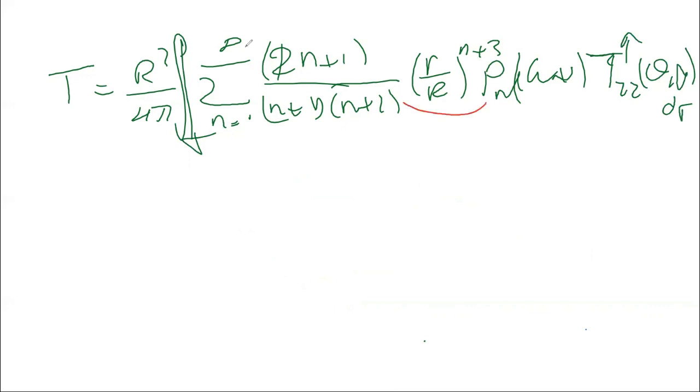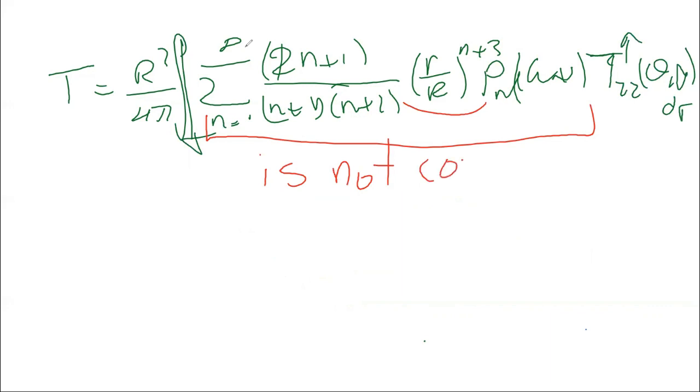And as you see, this kernel function is not convergent. You cannot have a closed form formula, and you have to limit the frequency to a specific number. Otherwise, you cannot get a solution.